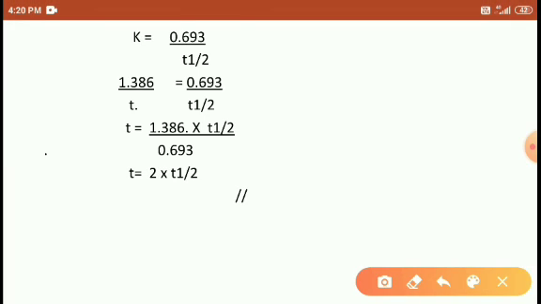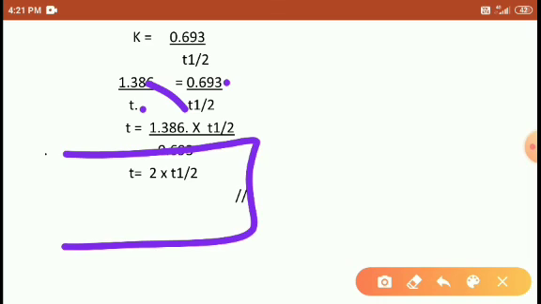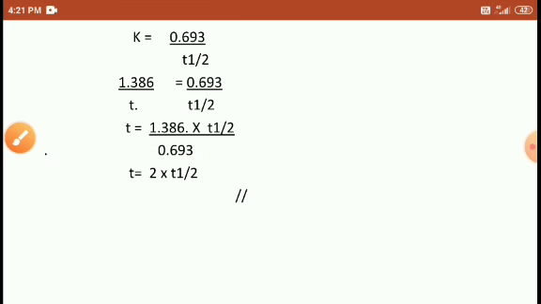The K value is 1.386 by T, and 0.693 by T half, and compare. When you cross multiply, T half into 1.386, divided by 0.693, then you get T is equal to 2 into T half. T is equal to 2 into T half. This is the answer, students.